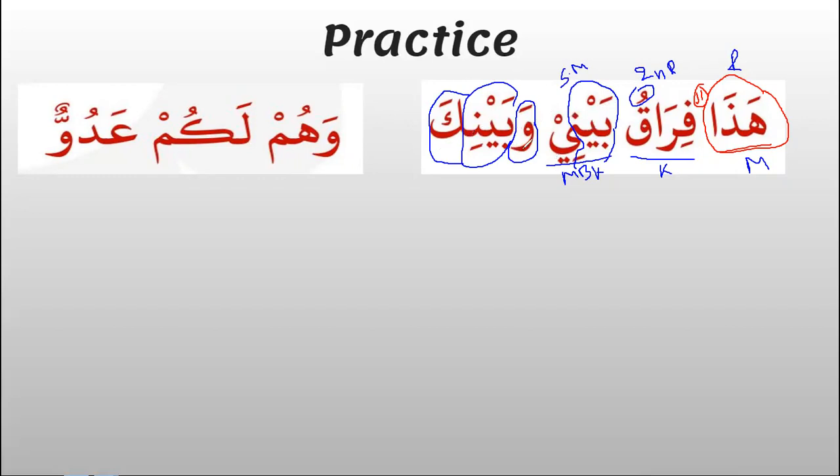Because wa is connecting these two words, this whole thing we will consider as a single fragment, and that will be our muta'alliq bil khabar. So we can say between me and you, right? Yes.